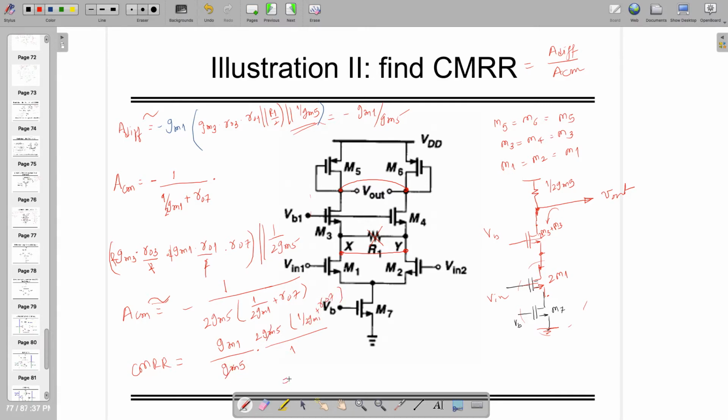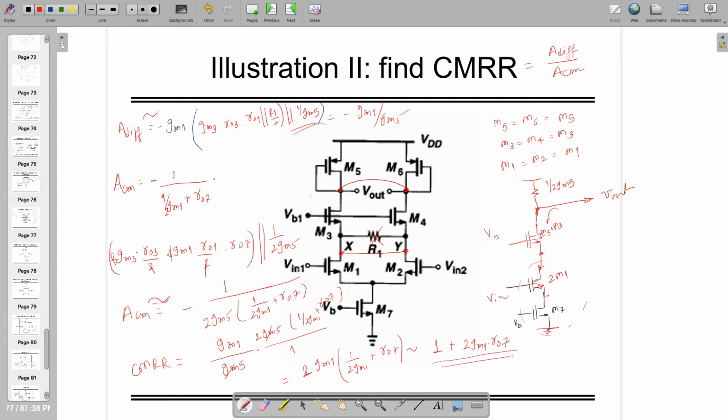GM5 is gone, so it's going to be equal to 2 GM1 times 1 by 2 GM1 plus RO7. You can simplify more and you can find out this one is 1 plus 2 GM1 RO7, right? So unit wise it's unitless, so this approximated value is correct.